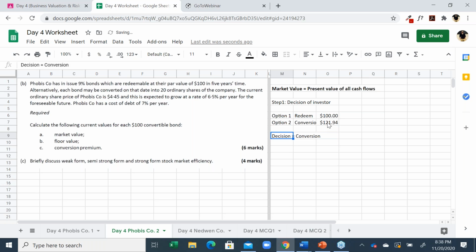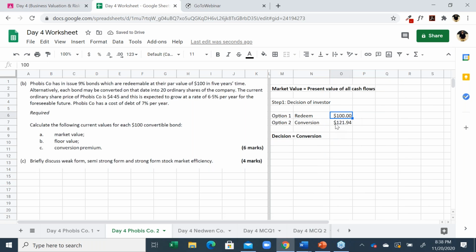So this is the first step in the case of convertible bonds. After 5 years, you will have a choice of either getting $100 or getting something that has a value of 121.94. Nobody will choose the lower value, so it is going to be the higher value, that is 121.94.